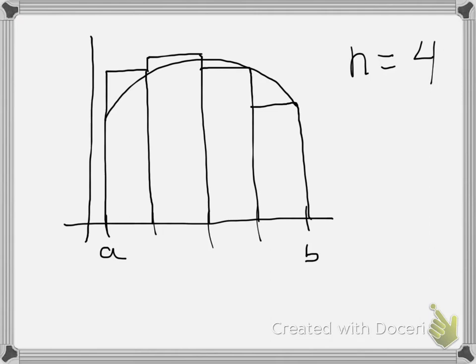And this one looks like it does a fairly good job. And again, it's always the change in x times the height of the rectangle, and that gives you the area of one rectangle. Then add all four of them up, and that would give you an approximation of the area. This is what I called an upper sum.